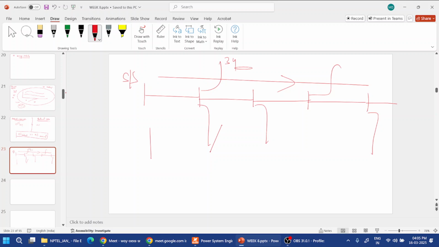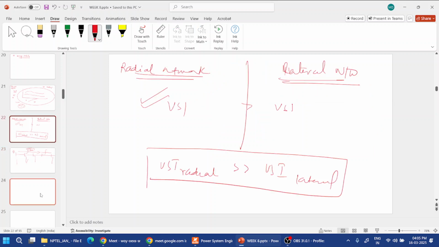But if I change it into a unilateral one, this 34th bus will come after the 33 buses, so the voltage drop will get higher. The same is the case we have seen in the question we just solved.